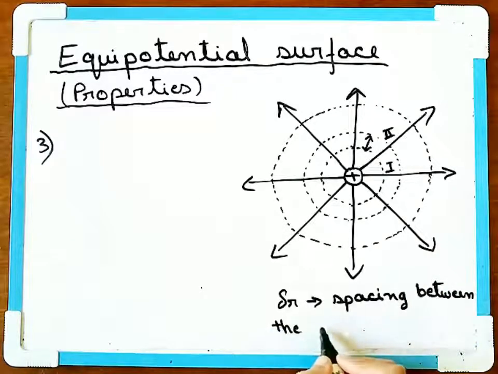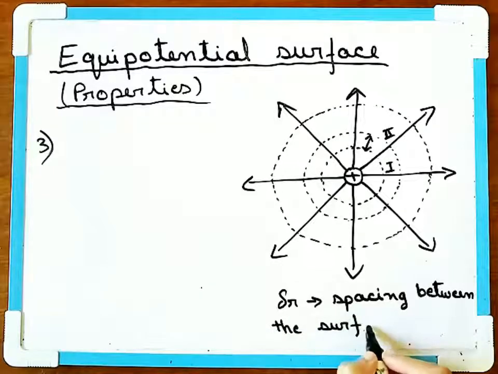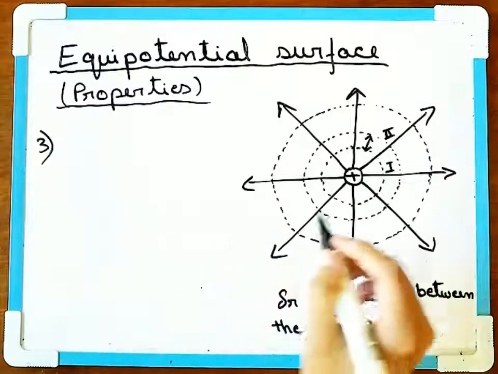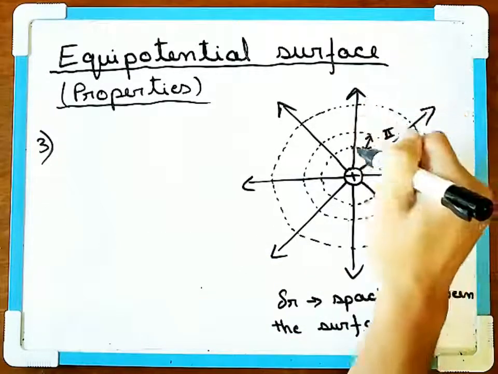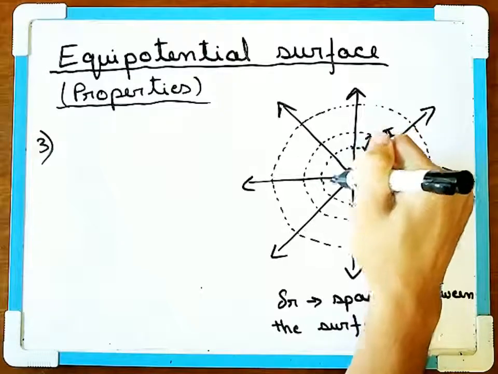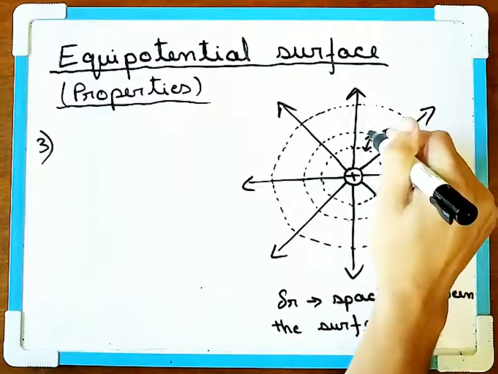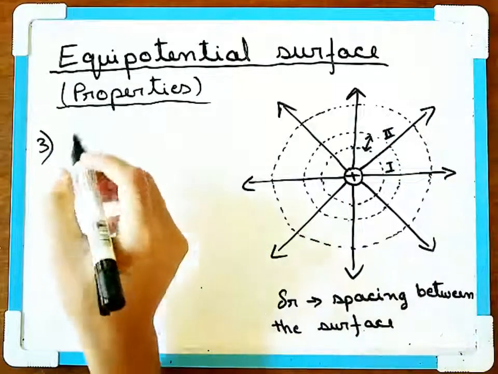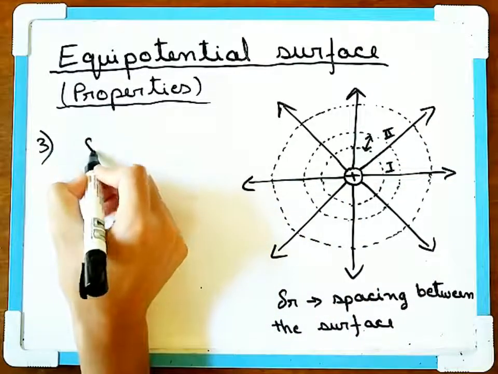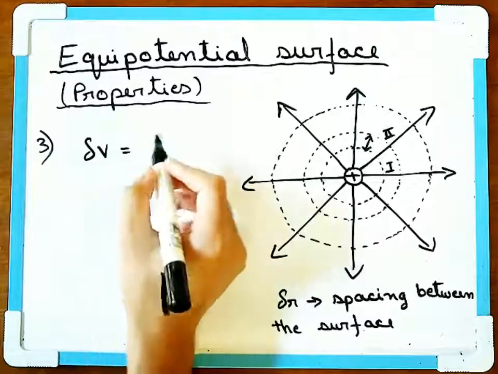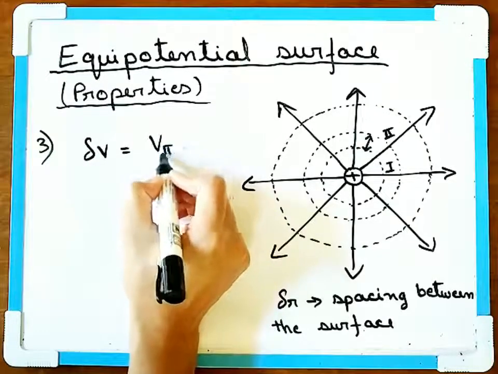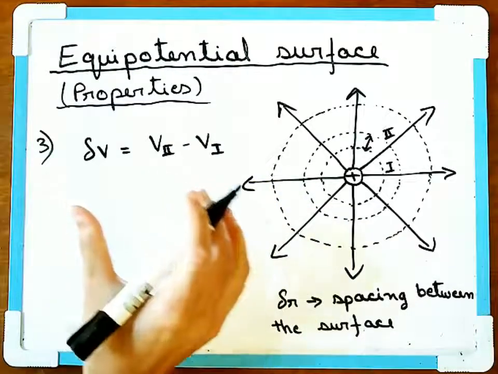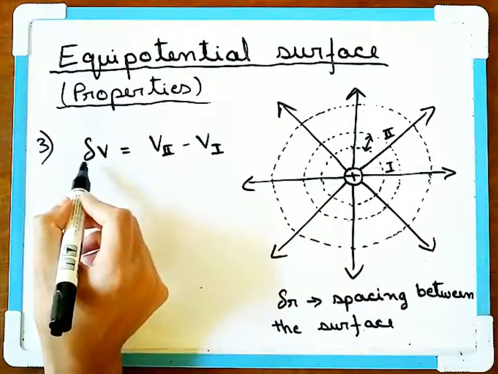Say the potential on surface 1 is V1, and the potential on surface 2 is V2. Then the potential difference is denoted by delta V. So delta V here is equal to V2 minus V1. So there's a potential difference between the two surfaces, and that potential difference is given as delta V.